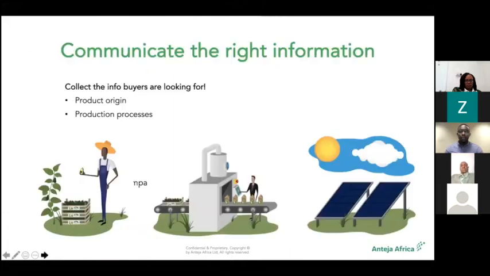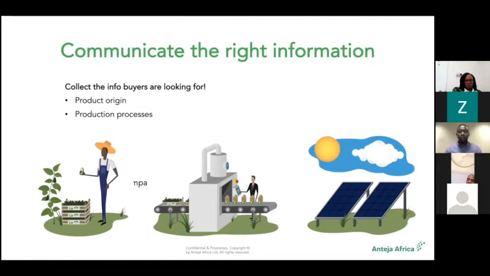phy2app allows you to communicate the right information. You always have quite a lot of information that you want to say. You can talk about your success stories, about relationships with farmers, and so much more. But with phy2app, we have done the research on what is really needed in the market, based on the local, regional, and also international markets.